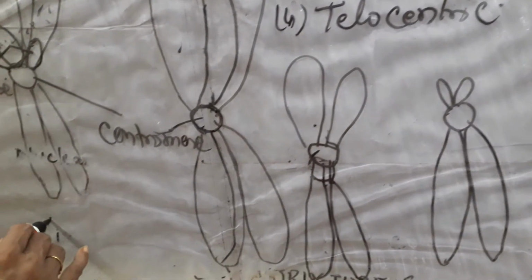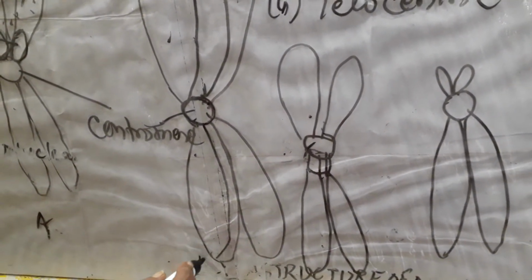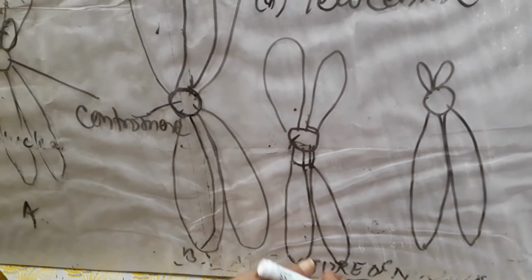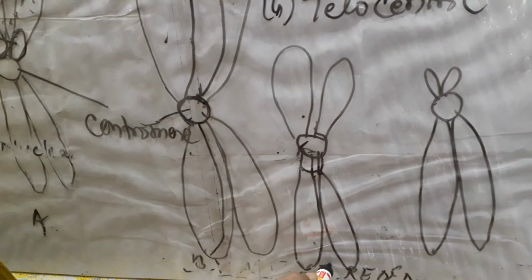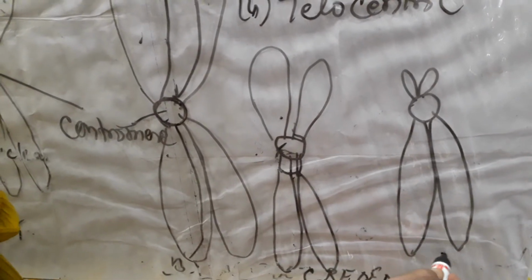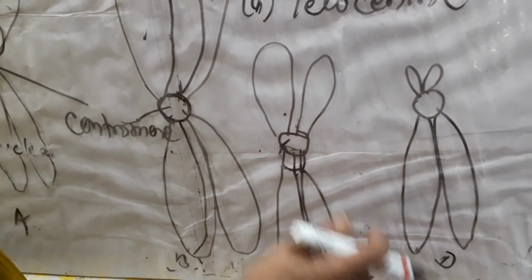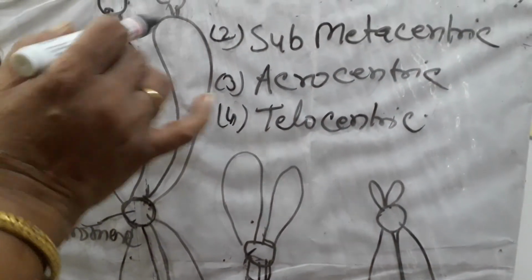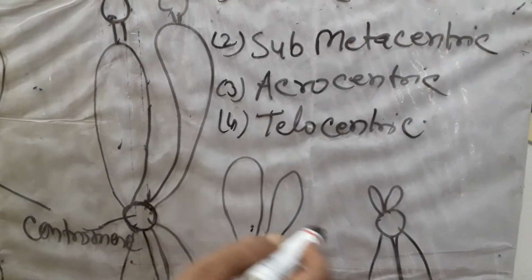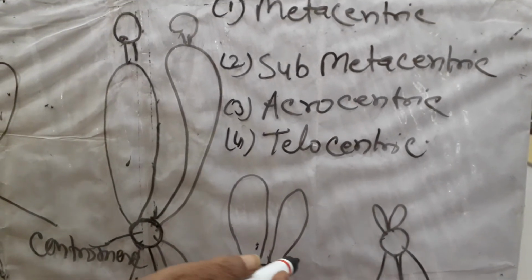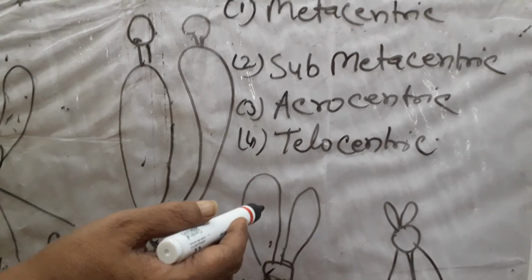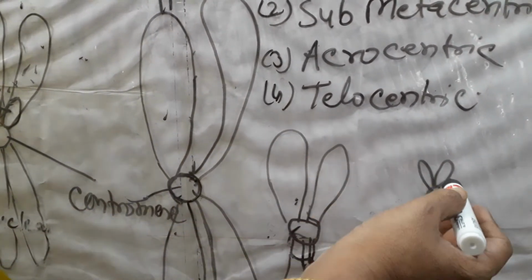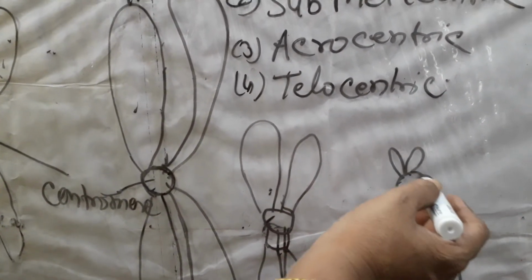That is A, B, C and D: metacentric, submetacentric, acrocentric and telocentric, which has a terminal centromere.